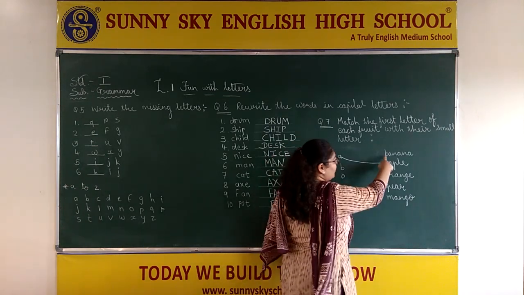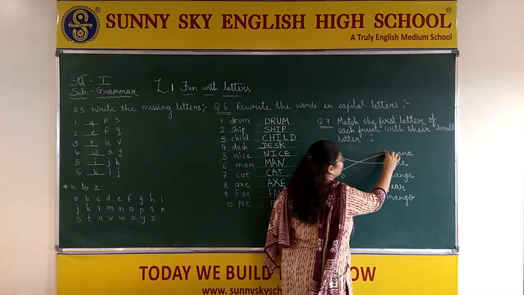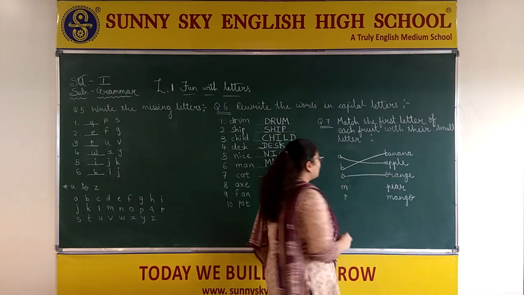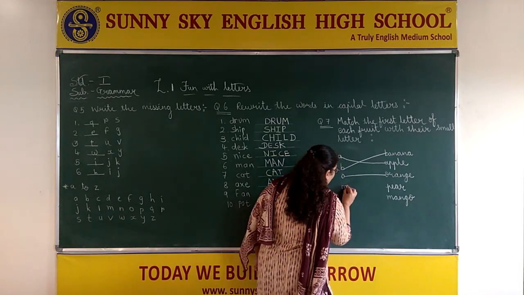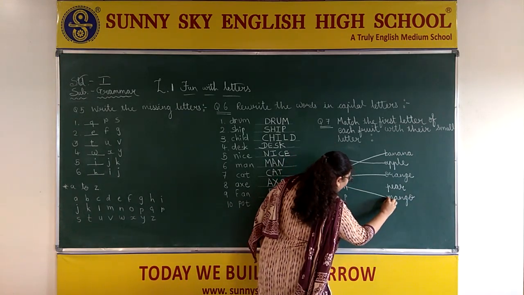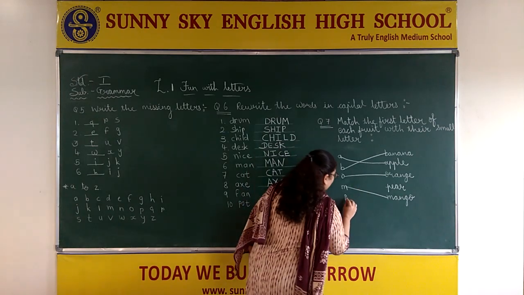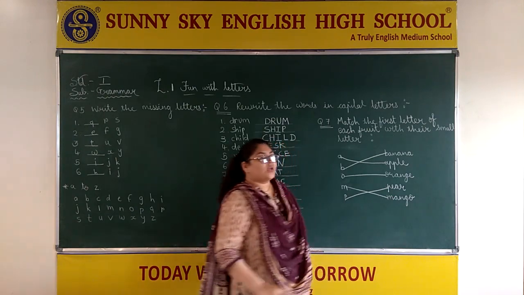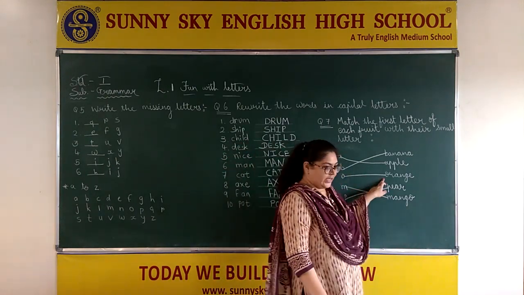No. B for banana. So we will join B with banana. O, orange. M, where is M here? Mango. So M we will join with mango. And which fruit starts with P? Pear. So we will join P with pear. So this way we can match first letter with their fruit names.